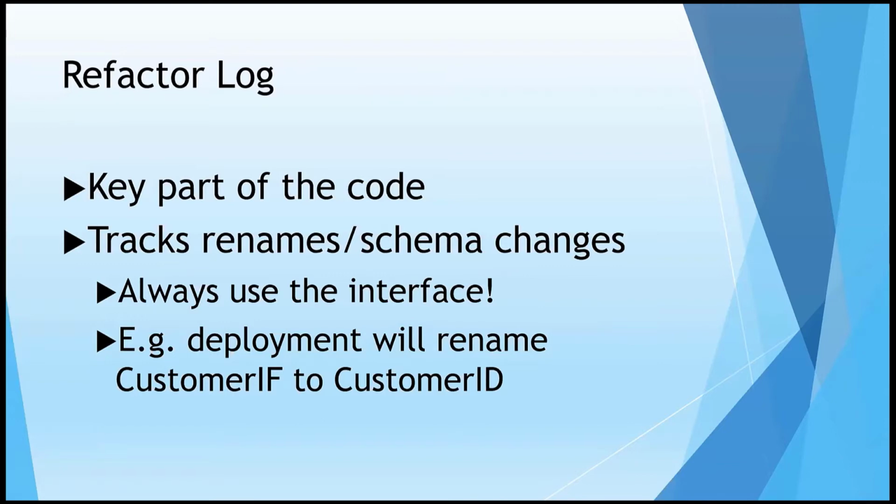So for instance, if someone has set up a customer table and called the ID column customer IF, and you want to change that to customer ID because it drives you crazy, if you rename it through the interface, then when you deploy, the deployment process will just execute a rename on that column. If you rename it in the table script, then when you deploy, the deployment process will drop the column and create a new column called customer ID, and that's almost certainly not what you want to do.